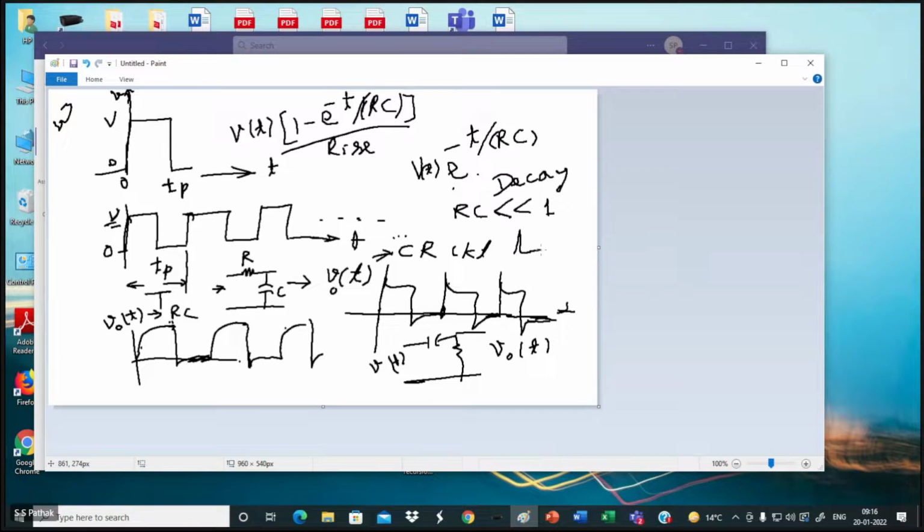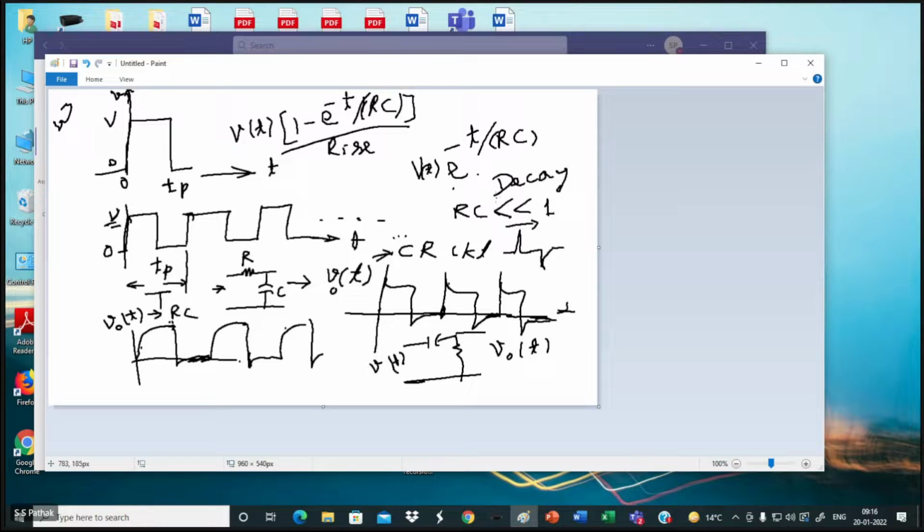When the pulse goes negative, it goes from 0 to minus like this. When the time constant is small, the pulse you are applying appears at the output like this. So you will be getting positive and negative impulses, and both the magnitudes will be almost alike.